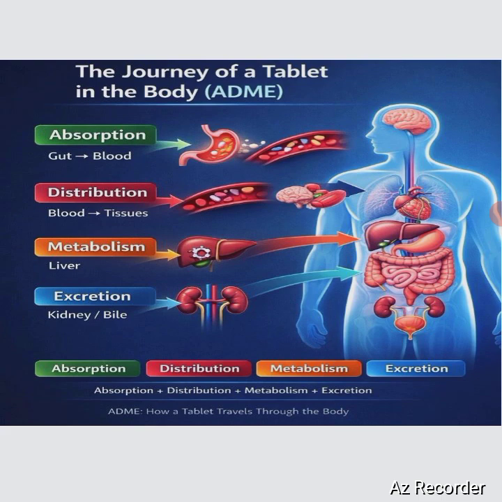So this picture shows the journey of a tablet in the body. First, it enters absorption, especially from the gut into blood. Second, we move on to distribution, that is, it circulates all over the body, especially in blood, to the tissues. Third, it enters metabolism. Metabolism has two phases, phase one and phase two, with functionalization and conjugation reactions occurring especially in the liver.